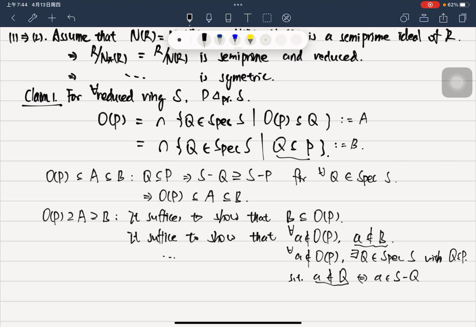So I can rewrite: it suffices to show that for any element not in OP, there exists a prime ideal satisfying this.